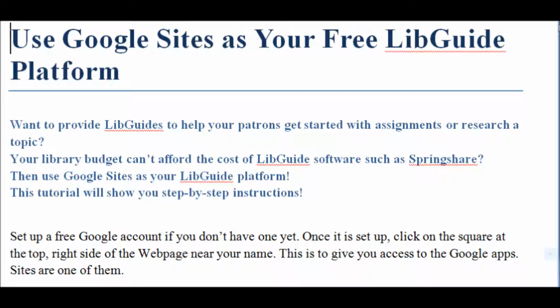Set up a free Google account if you don't have one yet. Once it is set up, click on the square at the top right side of the web page near your name. This is to give you access to the Google apps. Sites is one of them.